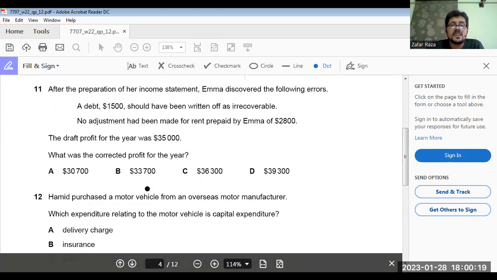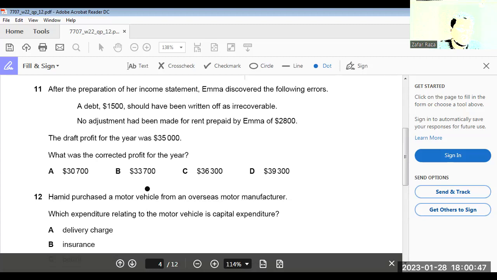After the preparation of an income statement, Emma discovered the following errors. A debt of $1,500 should have been written off as irrecoverable. No adjustment had been made for rent prepaid by Emma, $2,800. The draft profit for the year was $35,000. Now, 35,000 is our profit.